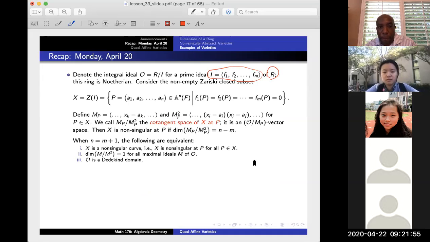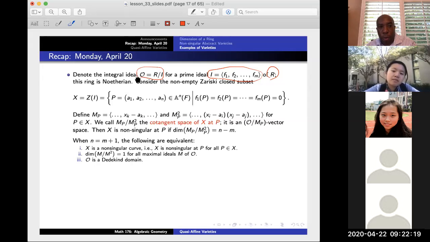Pick any m polynomials that you want. Consider this ideal I. And let's assume now that this is a prime ideal, so that this quotient ring here is an integral domain. So now we're starting with m polynomials in n variables, and I can assume that it's a prime ideal.